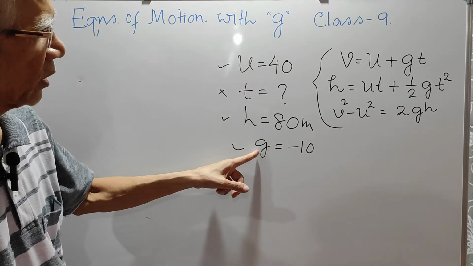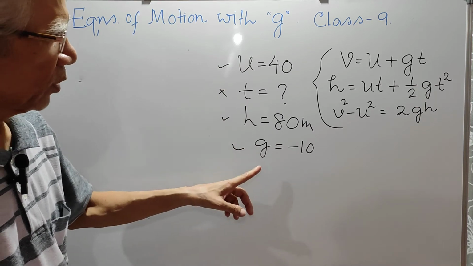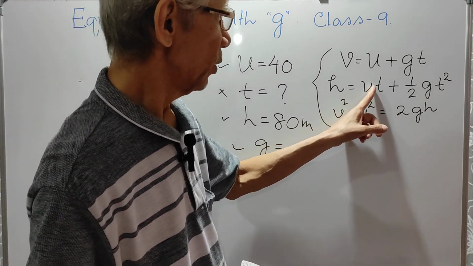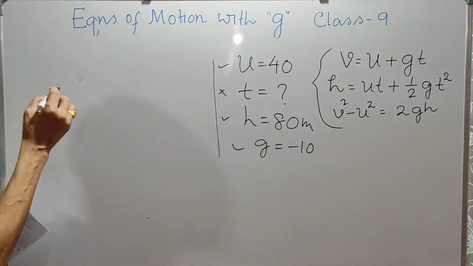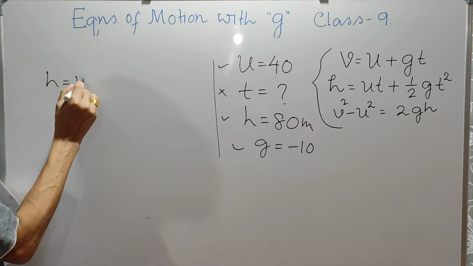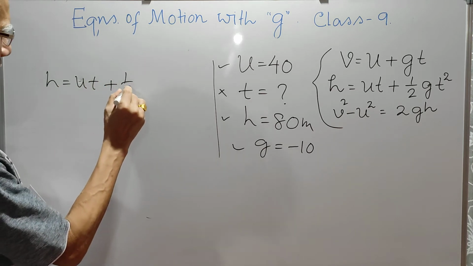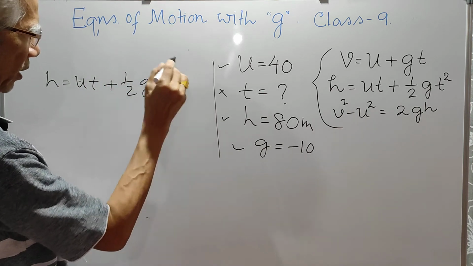Now which formula to choose? U, T, H, G. The second one. So which formula do we write? The second one. H equal to ut plus half gt square. All right.